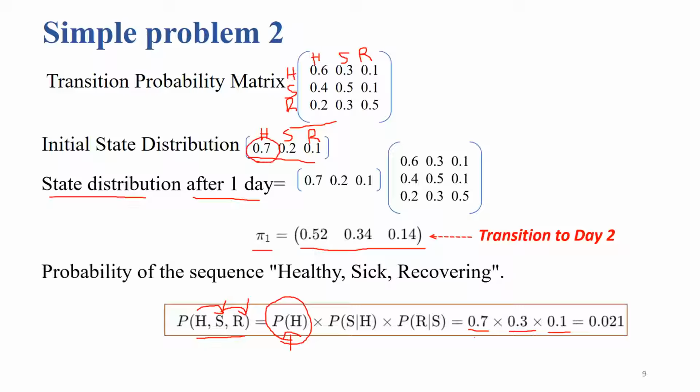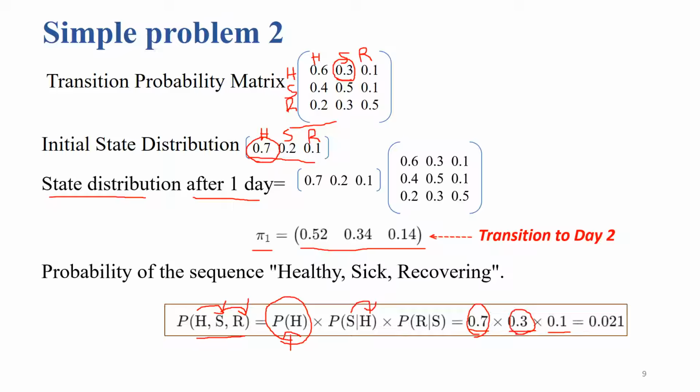That's what is represented here. And the probability of S given H, the transitioning from H to S, is taken from this matrix. This is the value 0.3. That's what is represented here.